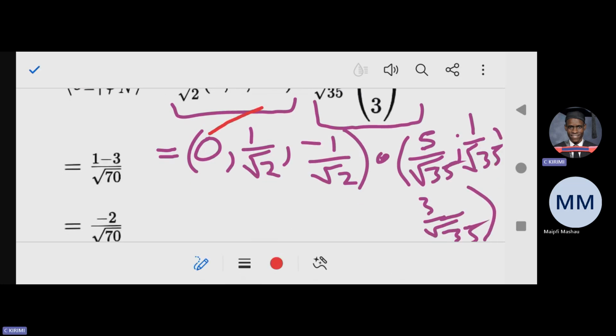So first, this times this, giving you 0. Then the second component, this times that. So as you can see on the denominator, we are having 1. So it will be equal to positive 1 over root of 70. Root of 2 times root of 35 gives you root of 70.